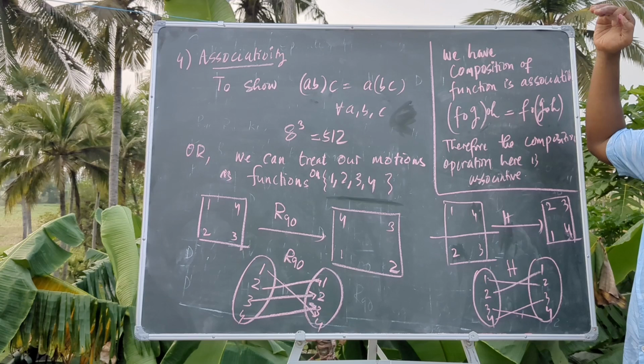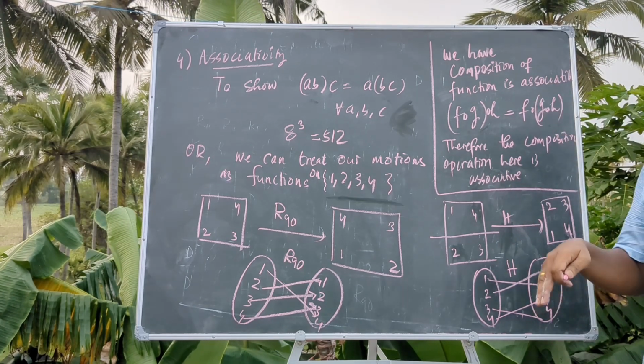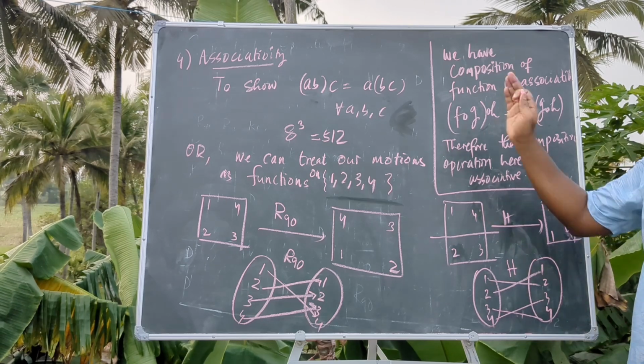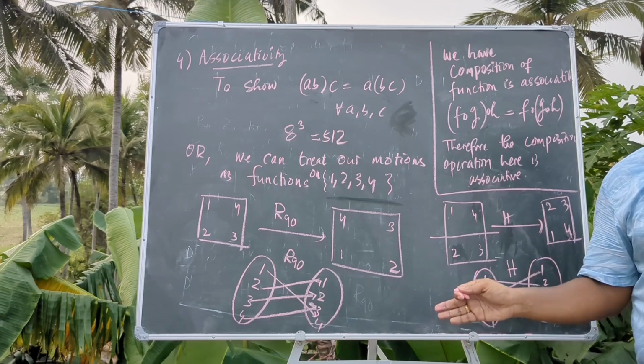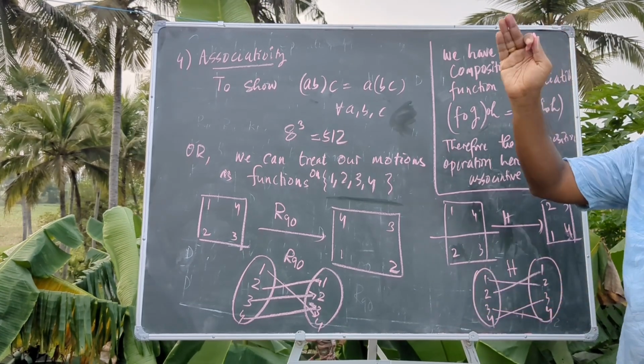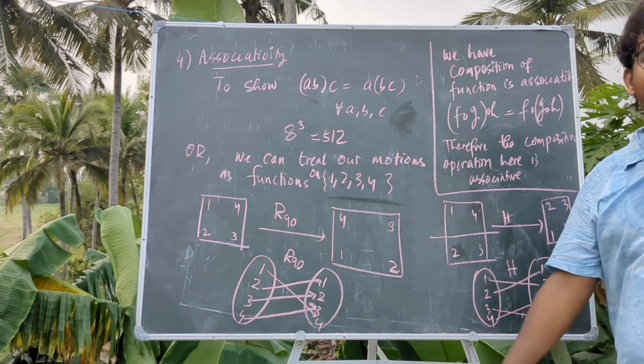So we have shown the composition operation is closed. We have identity, we have inverse of every element, and associativity. So it satisfies all four group axioms. Therefore, this set with the operation composition forms a group.